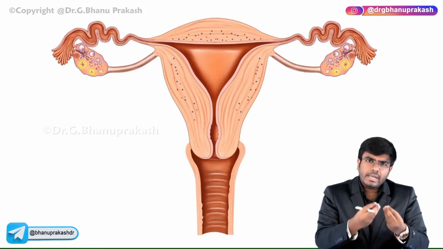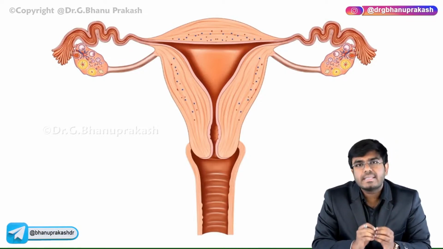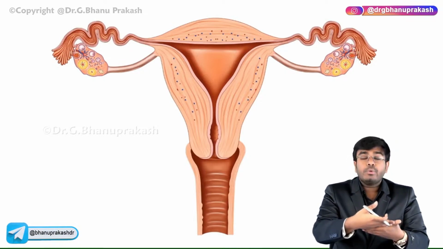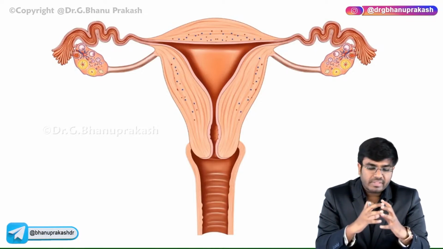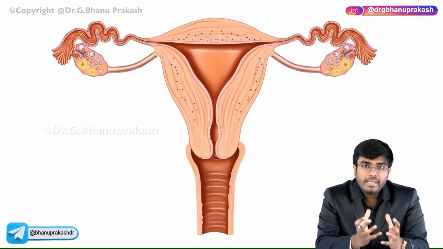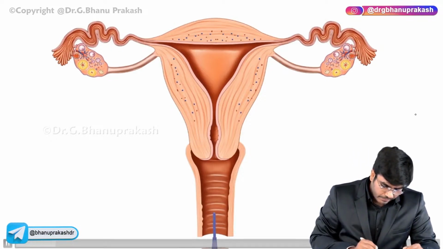After sending this dye into the uterine cavity, we are going to take a series of X-rays. Now, in the X-rays, you can see how the uterine cavity is there. Okay, whether it's normal or whether there is any uterine anomaly or not. Okay, now please concentrate and watch this video.